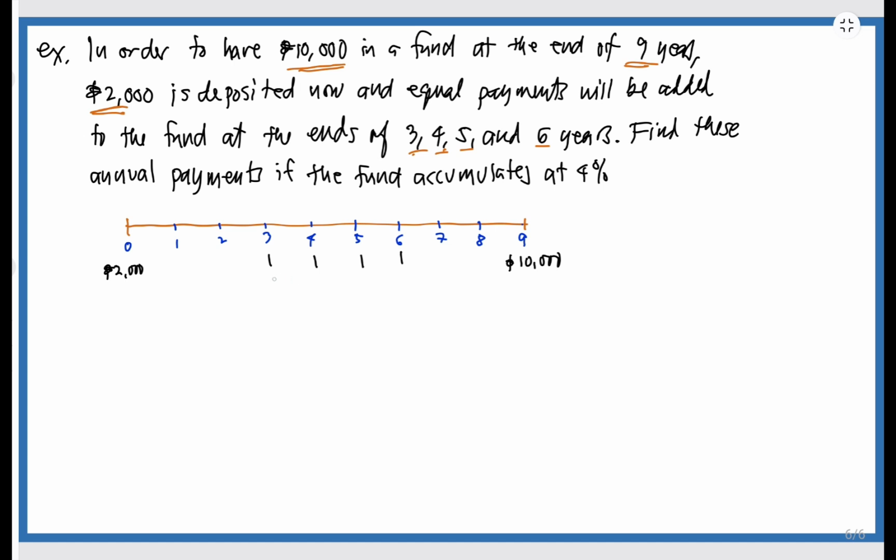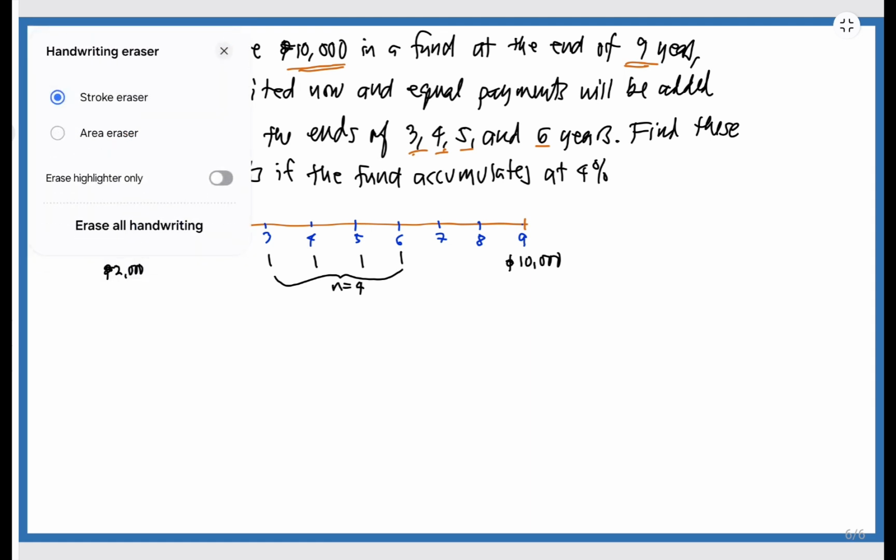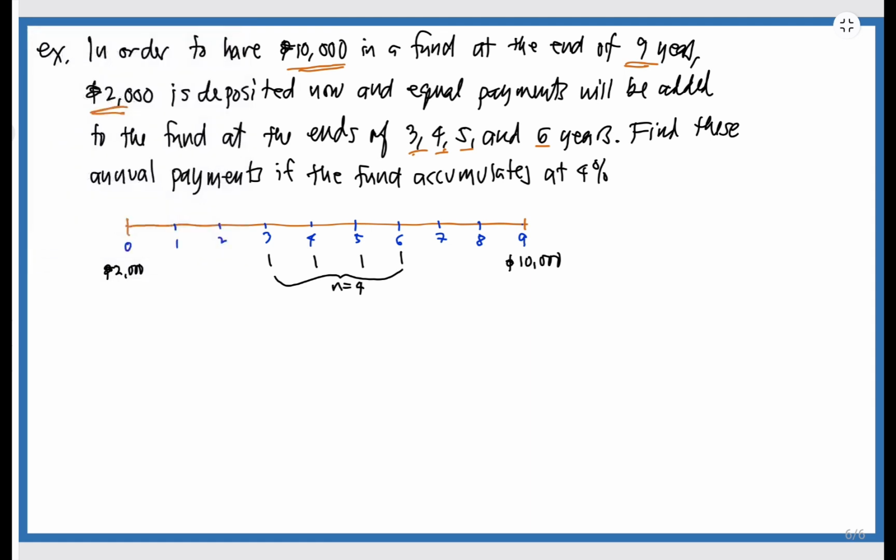So this is an annuity, right? So here, N is 4. Okay. So, how are we going to solve for R?